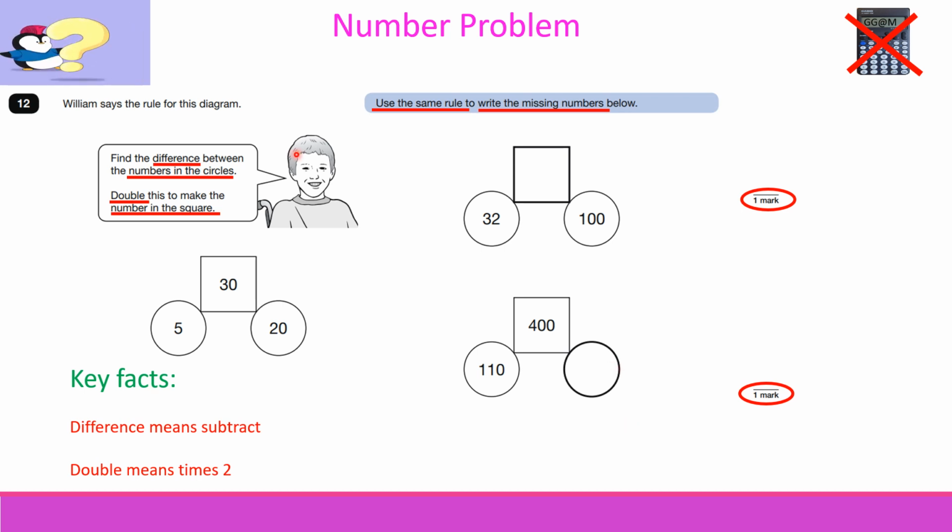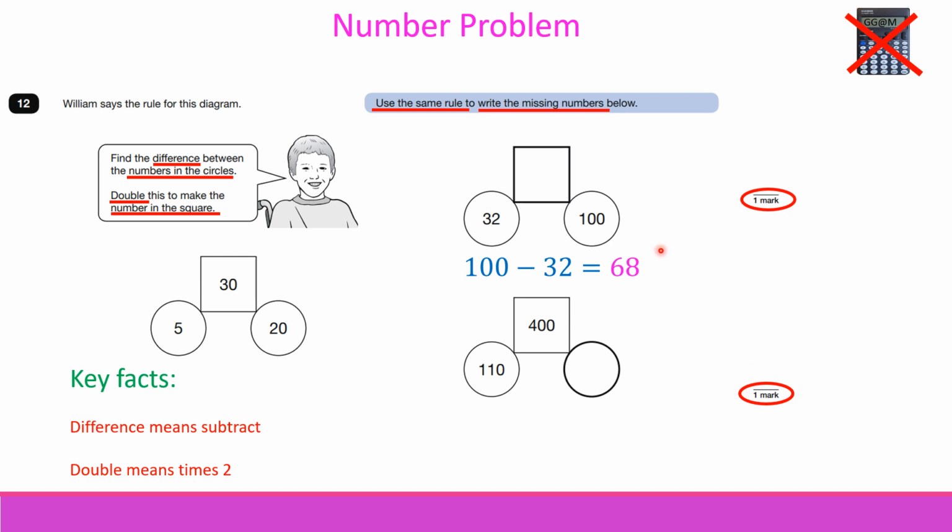Fantastic work. So to start with, we're going to look at the top example here, and it says we've got to do the difference between the 2 numbers. So that means I've got to subtract 100 take away 32. You should know your number bonds up to 100. If you struggle, do 100 take away 30, which gives you 70. Take away 2 gives you 68.